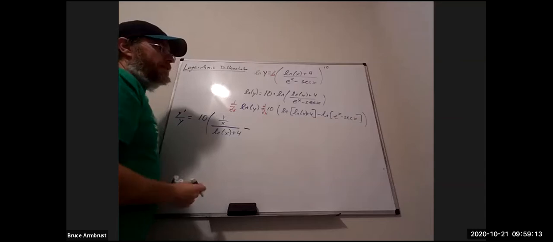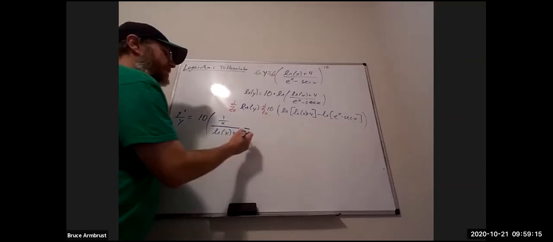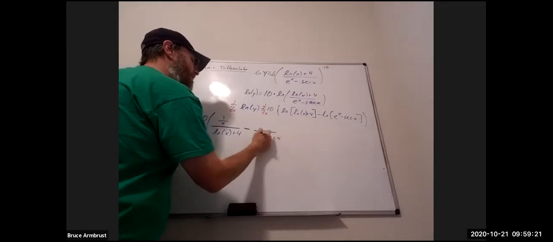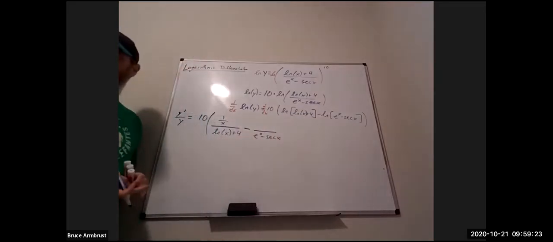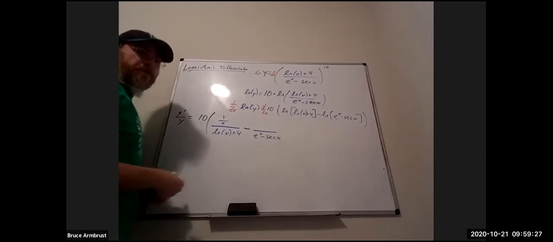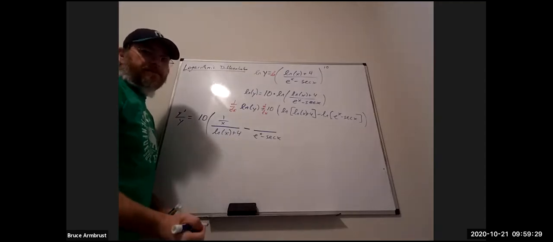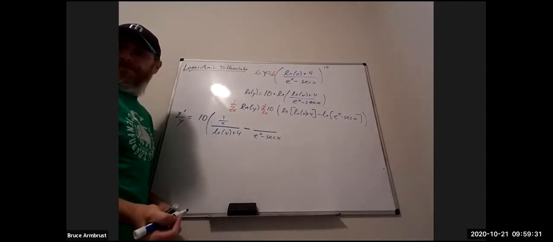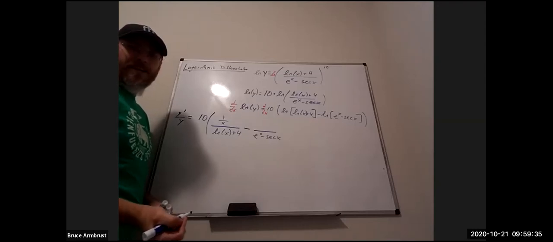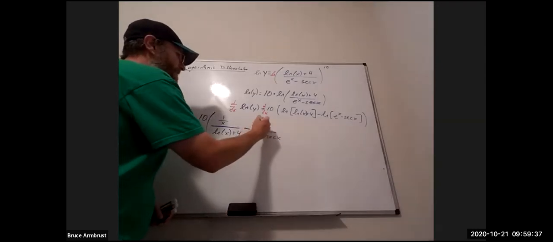Okay, so let's go to the natural log of e to the x minus secant. So on the bottom is going to be an e to the x minus secant. And then what we need is the derivative of that on top. All right, so what's the derivative of e to the x? Good, e to the x. Derivative of e to the x is e to the x.